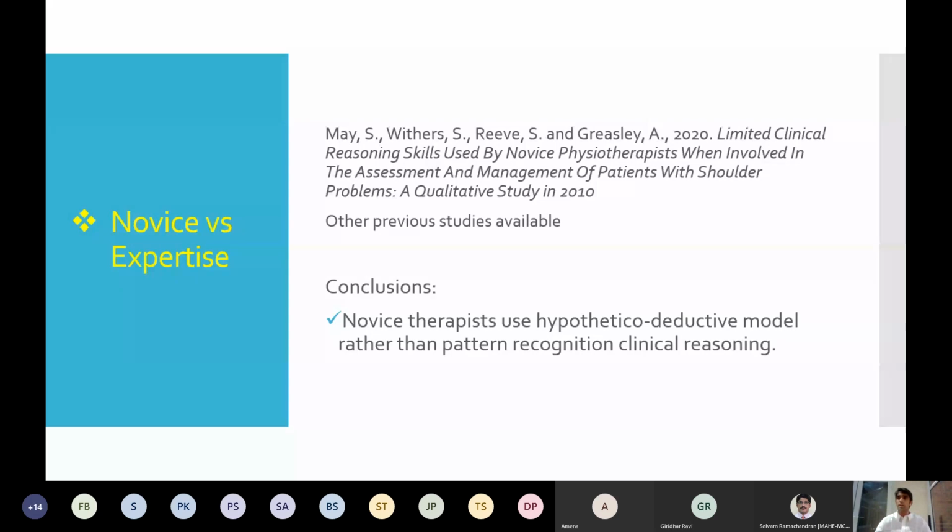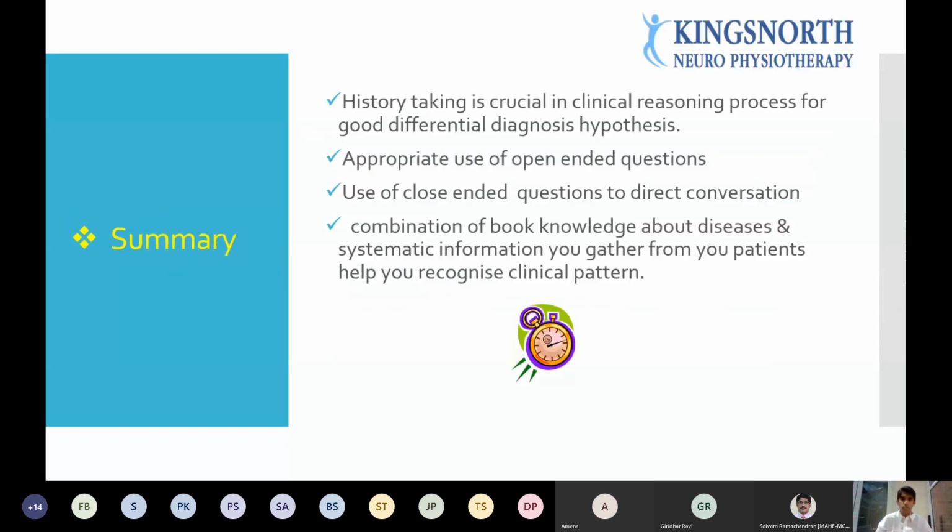If you look at your assessment, does it come out so that whatever you started, you have a solution at the end, which is more meaningful for the patient and gives you an outcome? That will improve our clinical reasoning. And next, let's go to the summary. History taking is crucial, as we have already discussed.